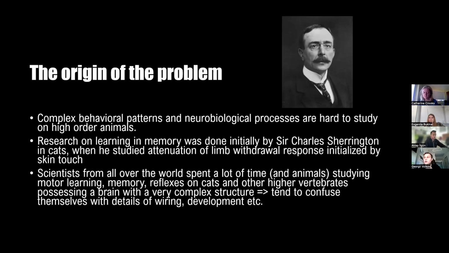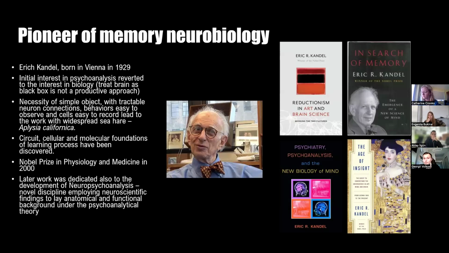So, to dissect such complex cognitive functions as learning and memory took a lot of effort, and even the results obtained during these experiments were very confusing. So, very little progress was made until the beginning of Eric Kandel's work.